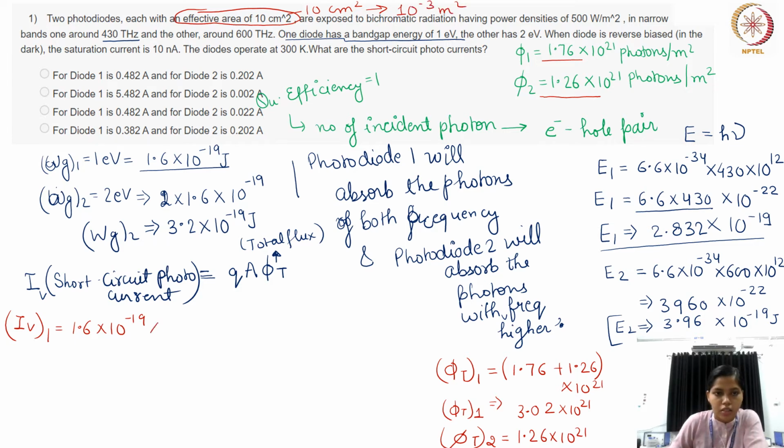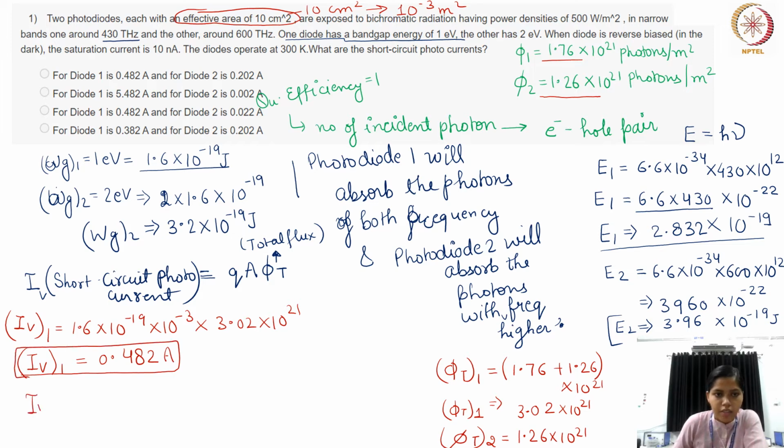Then multiplied by the photon flux for the first diode, 3.02 into 10 to the power 21. When you calculate, it will give you 0.482 ampere. So that is the short circuit photocurrent for the first photodiode.